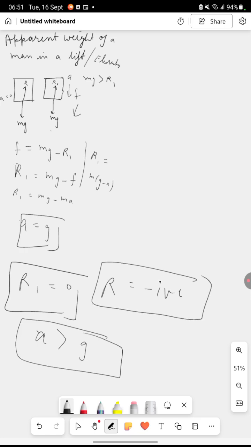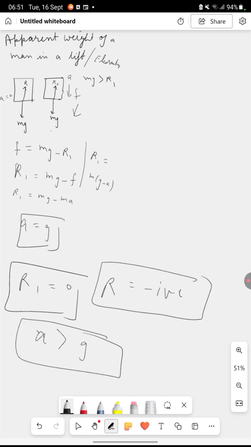It means the weight of the man in the downward direction is much greater than the reaction force. Sorry, the reaction force is much greater than the weight of the man that is in the lift.